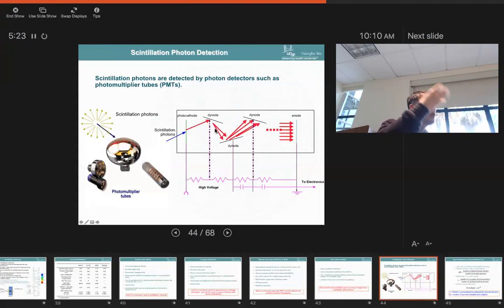Remember the proportional region: the electron is gaining energy as it flows through the electric field. Its energy is high enough, and there's some charge amplification there. So you can amplify the charges over and over by having multiple dynodes between cathode and anode. This is the operational principle of a photomultiplier tube. At the end, there's the anode, which collects all the charges and then flows them to the readout electronics.